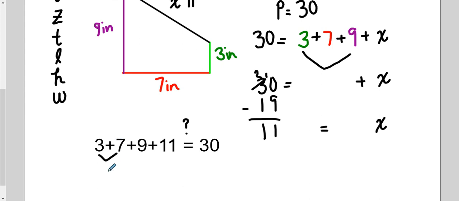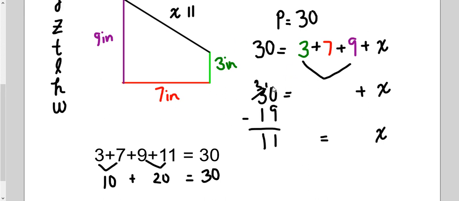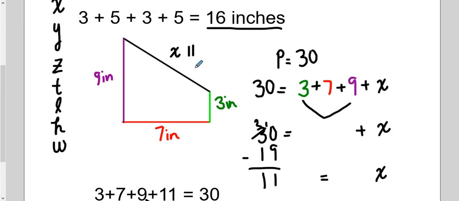So the 3 and the 7, that's a 10. Adding that to a 9 and an 11, well, that's 20. And yes, 10 plus 20 is equal to 30. So it does check out. It's not a question anymore, it is for sure. But in this question, it would ask, what is the variable? What is the missing side? And the missing side here would be 11 inches.